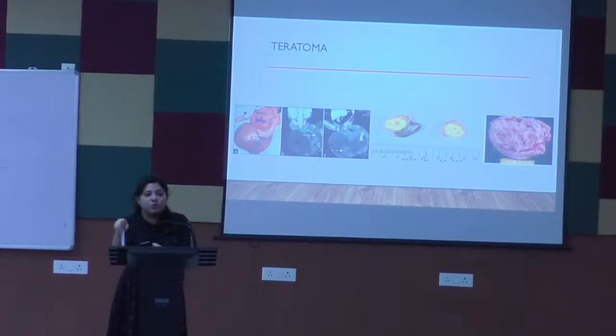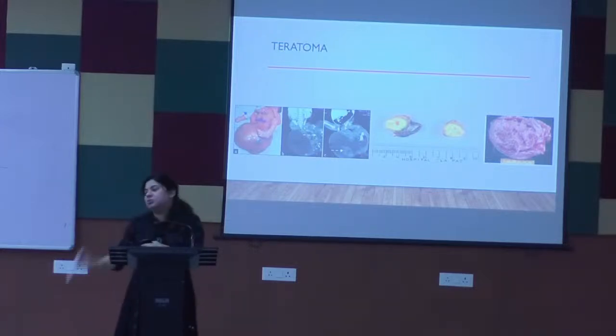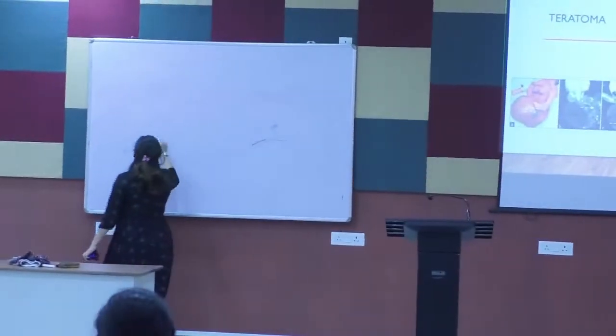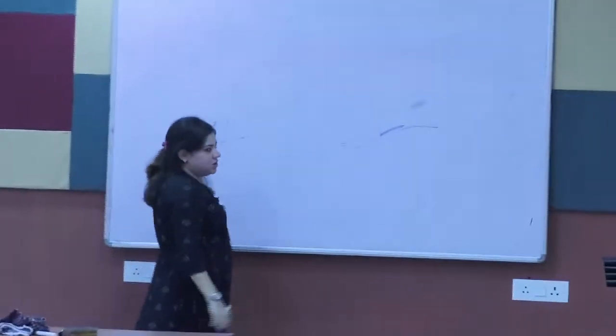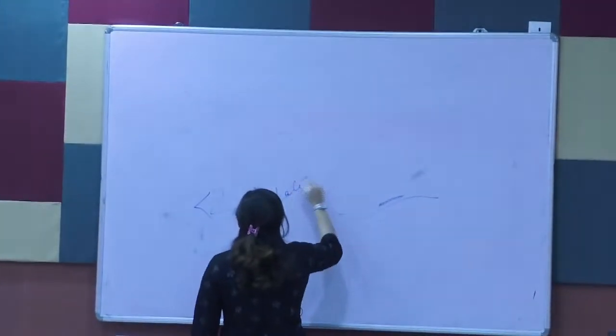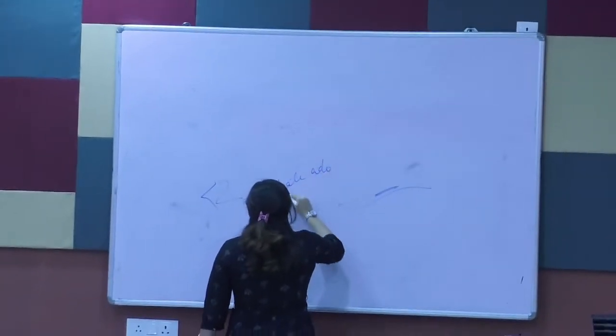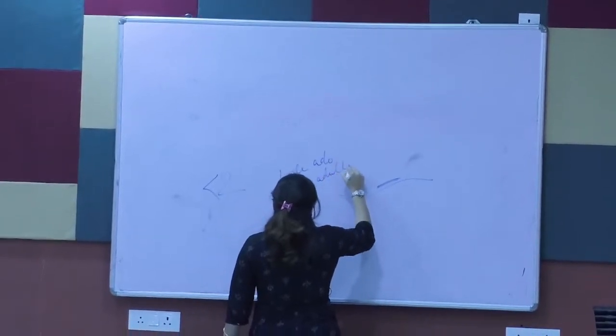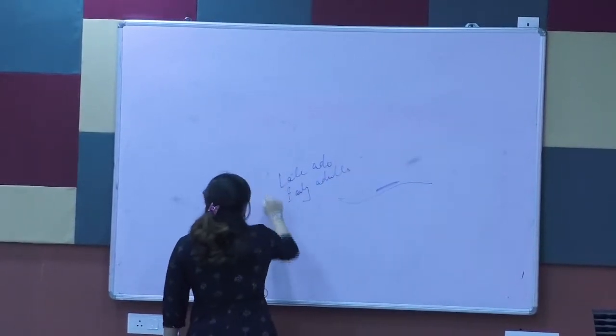It is usually most commonly benign. There are 2 peaks in the age distribution of teratoma. Most commonly it occurs in less than 2 years of age. Another peak is late adolescence or early adults. Right, there are 2 peaks.